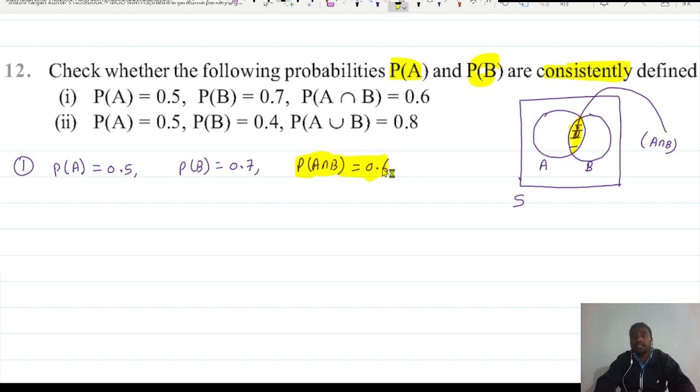But here it is given as 0.6, which is greater than the probability of A. So this is really not possible.